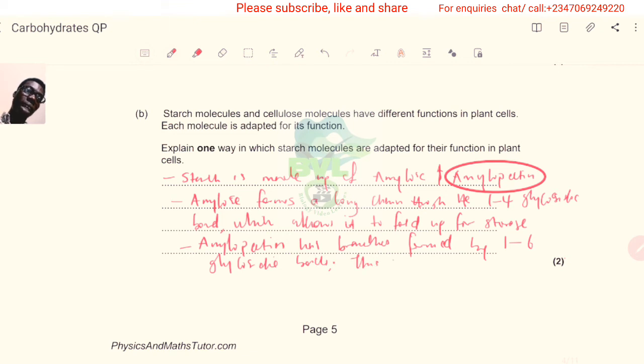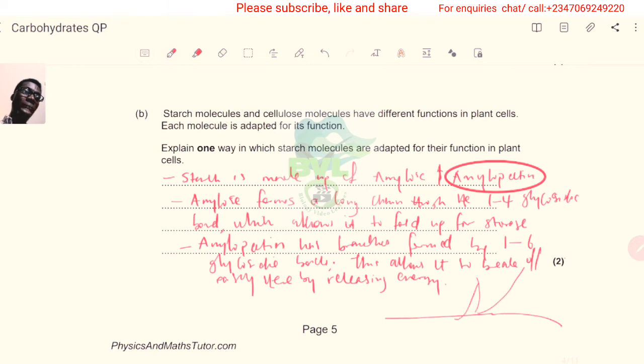This allows it to break off easily, thereby releasing energy. Please pardon my handwriting. I'm just trying to rush up, but you can just listen to what I'm saying, really. So because it is a branched chain, it goes like that, it has branches. So those branches can easily break off, so to say. All right.